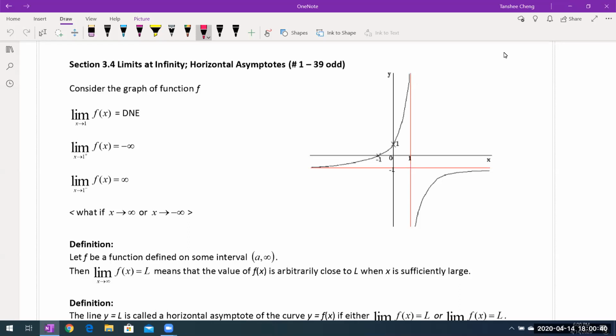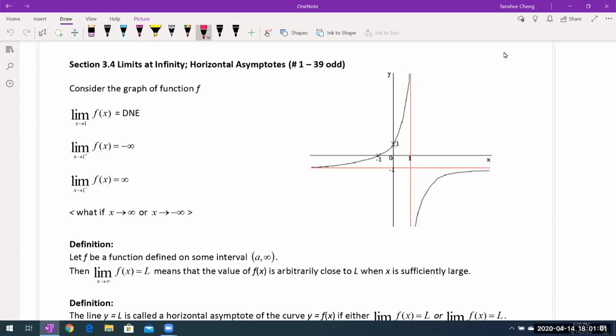And then when you look from the negative side, that's going to positive infinity. So the directions of the limit approaching 1 from the left-hand side and right-hand side are different. Therefore, the limit does not exist. This is the direction. It's not a limit. It doesn't mean that the limit exists.